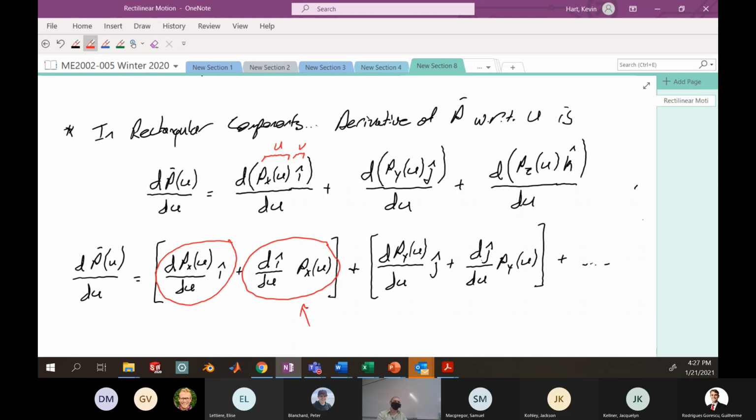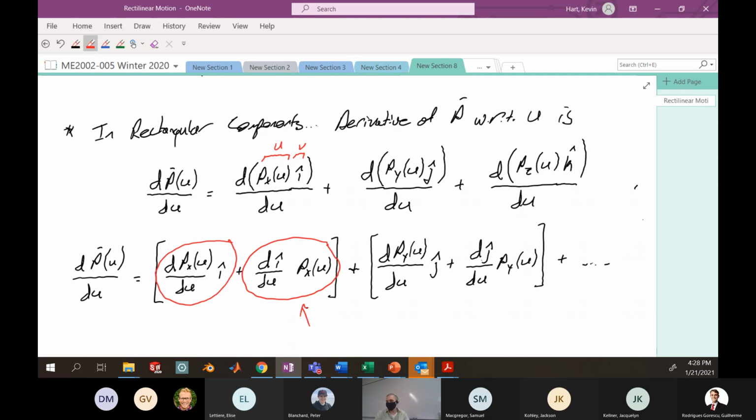But we're going to talk about later incorporating translating frames or moving frames. And later in the course, this term will not be zero, okay? So it's very important that you understand, at least for now, where this idea is coming from in part.